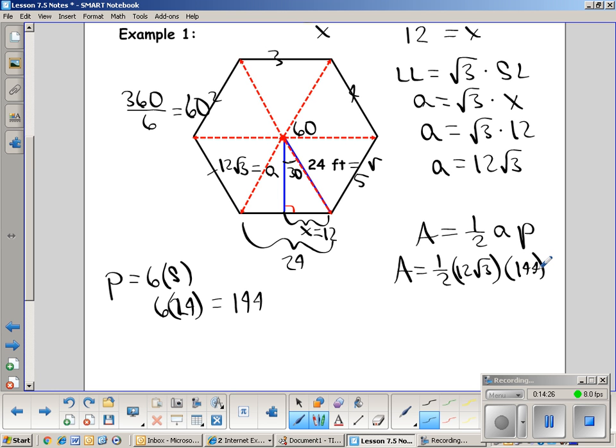Now, here's the thing. They will probably say on a lot of these, leave your answer in simplest radical form. Okay? So that means I'm going to say 1/2 of 12 is 6. Please do not do this. Do not think about this as distributing.